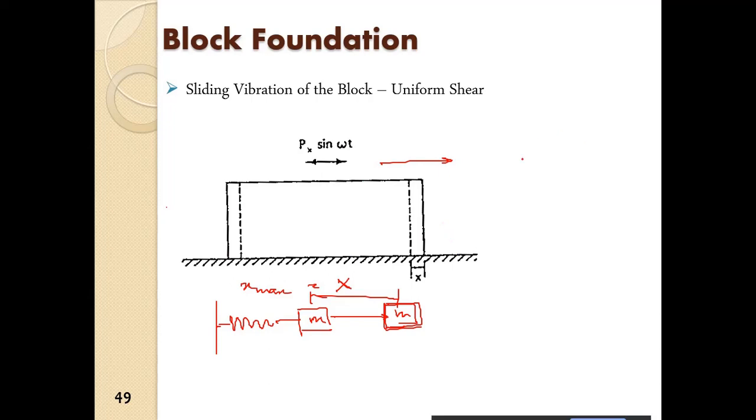so at any time t, we have just now defined m into acceleration. So the forces which are acting are kx in the x direction plus p naught sine omega t, equal to mass into acceleration.